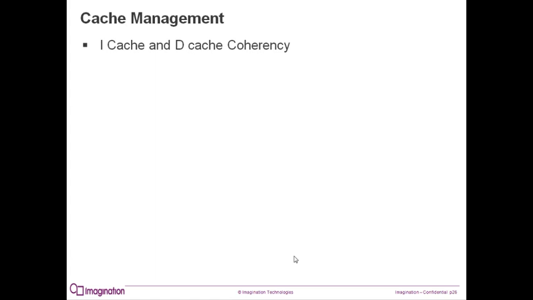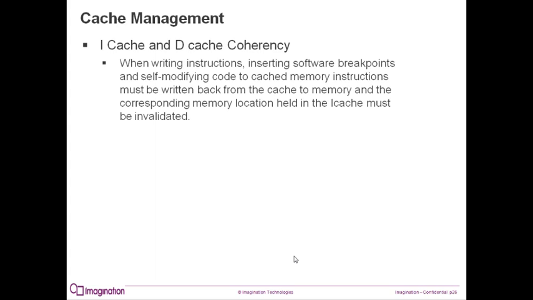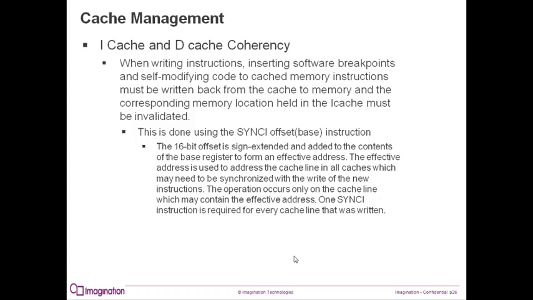Other cases you need to worry about cache coherency are when you write instructions, usually done by a loader or an OS, when you insert a breakpoint, usually done by a monitor program controlled by a debugger, or when your code is self-modifying, which is done in many of the Java accelerators.